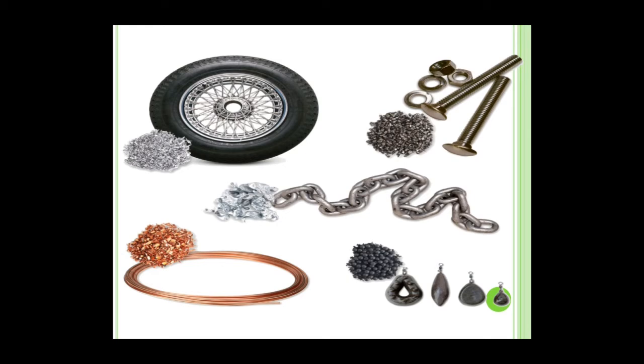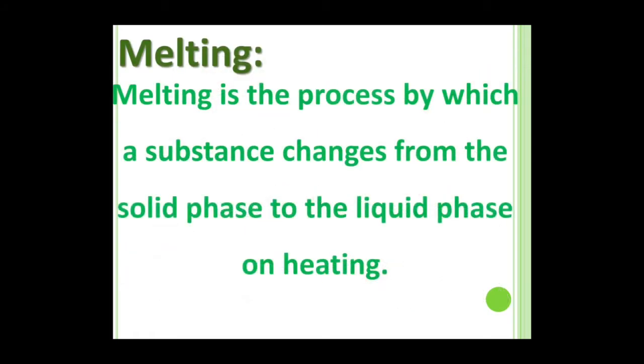Actually, melting is the process by which a substance changes from solid phase to liquid phase. It is also known as fusion. Melting occurs when the internal energy of the solid is increased, usually through application of heat or pressure. The molecules become less ordered or less aligned; you can say the molecules are disturbed due to heating.